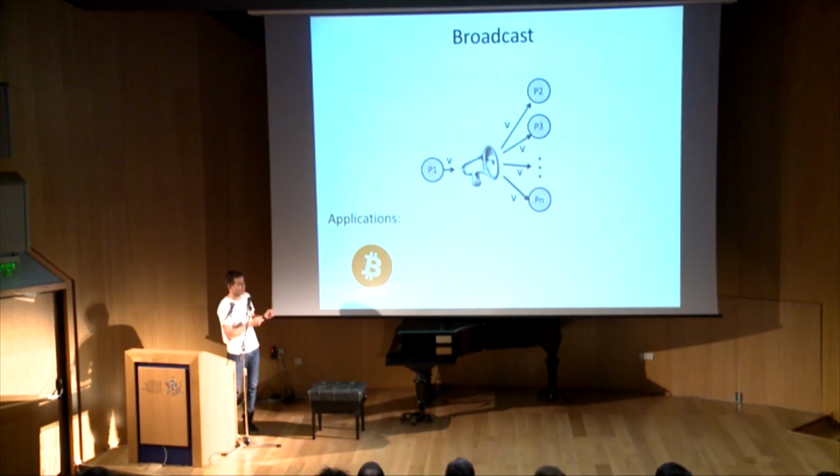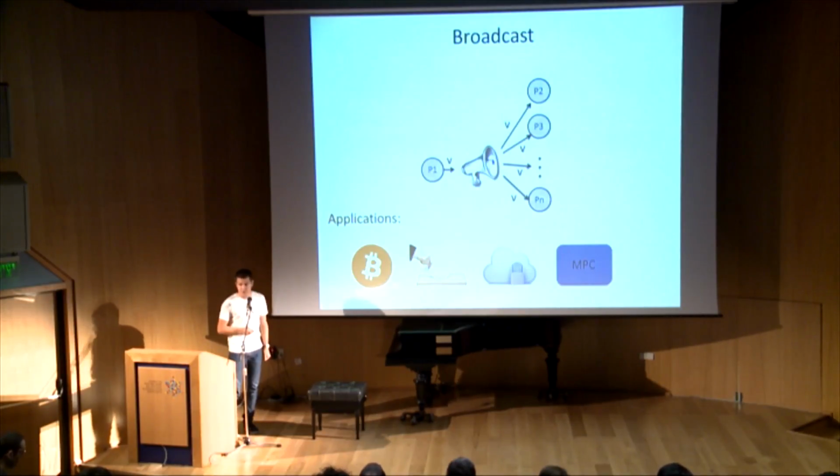Voting: you want to broadcast your vote to everyone such that everyone sees that you voted. Another application is secure storage: you want to broadcast pieces of your data such that they are replicated in a consistent way. And in general, any multi-party computation protocol, well, not any, but let's say 90% of them, use broadcast. So it's an essential primitive which we would like to optimize.